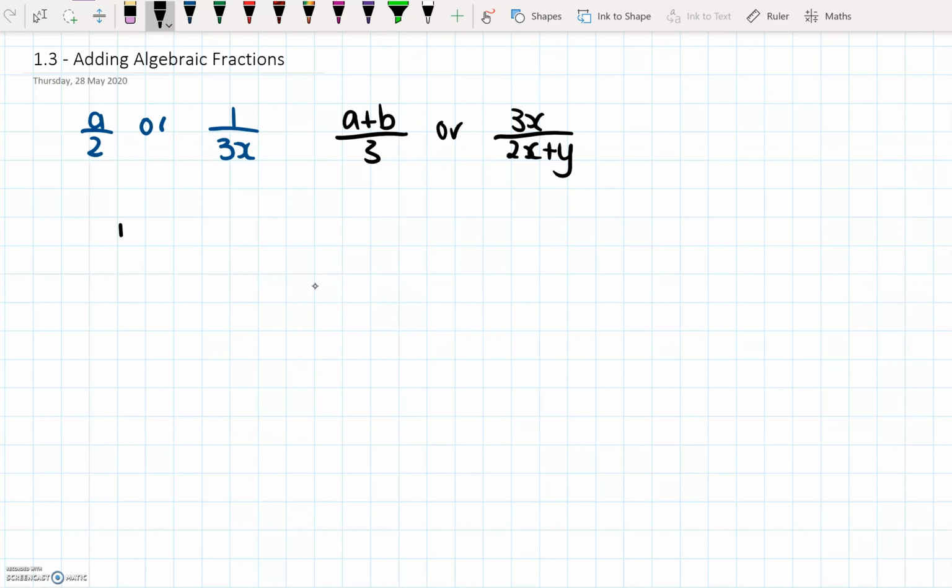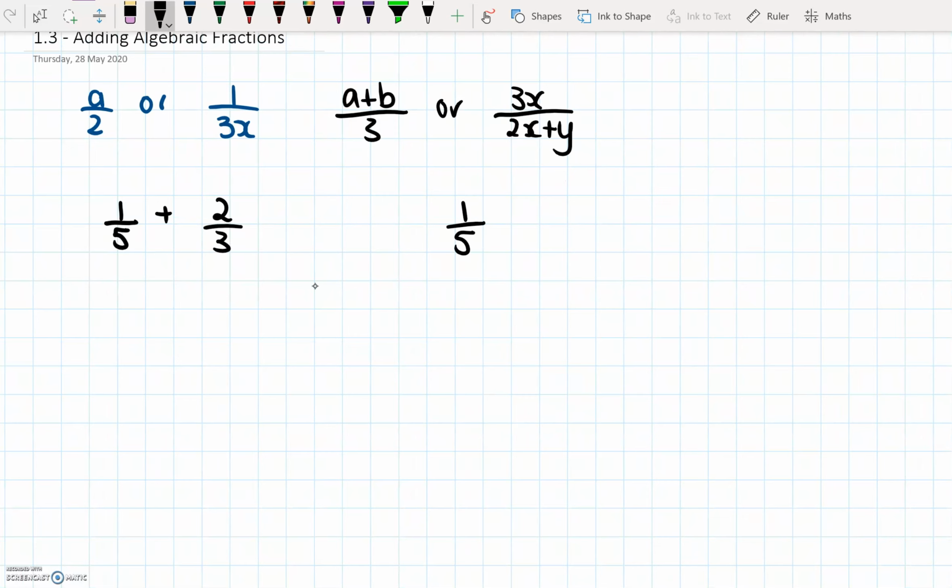So for example, if we had 1/5 plus 2/3, at the moment we can't add these together, because if we had 1/5 plus 2/5, we would get 3/5. But if we have 1/5 plus 2/3, because the denominators are different, we can't do this. So we need to give them the same denominator.